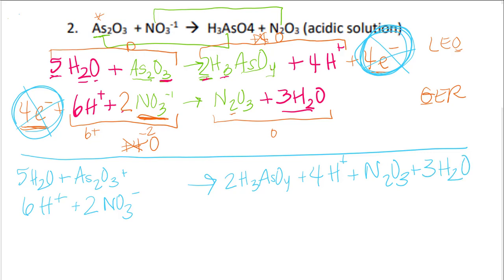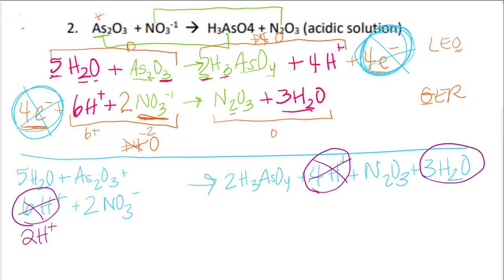Is there anything we can cancel out? Yes. Let's see, I've got 4 H pluses and 6 H pluses. So we can just cancel out the right side, that 4, and do 6 minus 4 to give me 2 H pluses. Anything else can we cancel? Sure. I've got 3 waters on the right and 5 waters on the left.